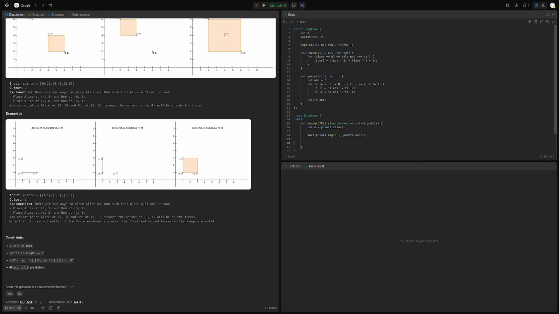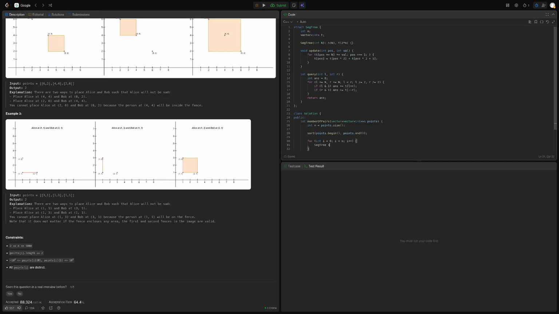Okay, and now, okay. ST. No, I have to compress the points. That is, compress the y coordinates actually. So y.